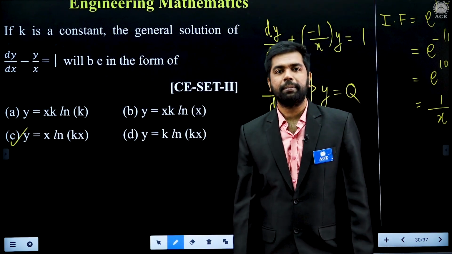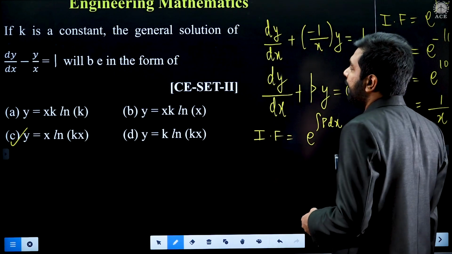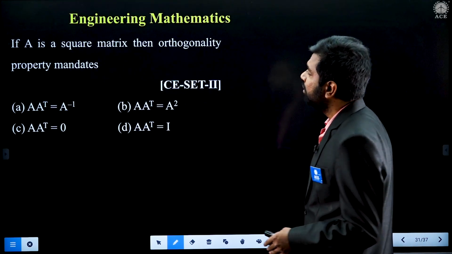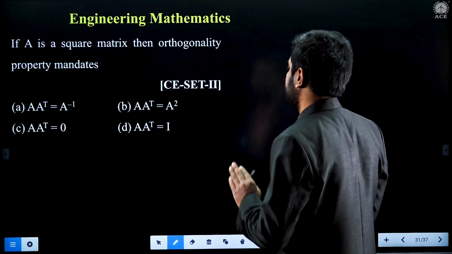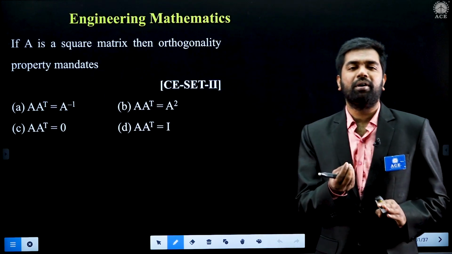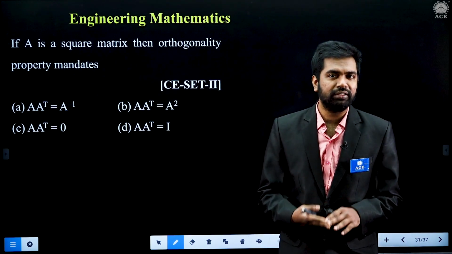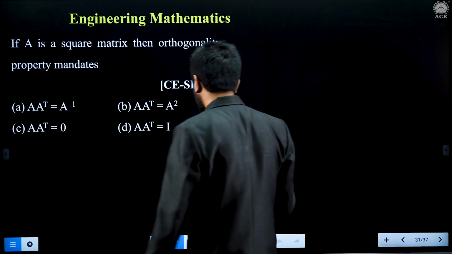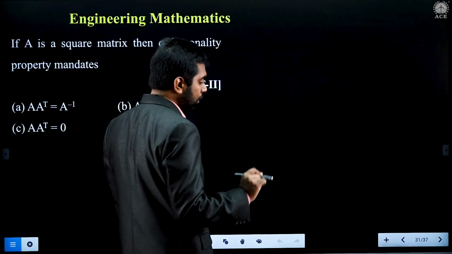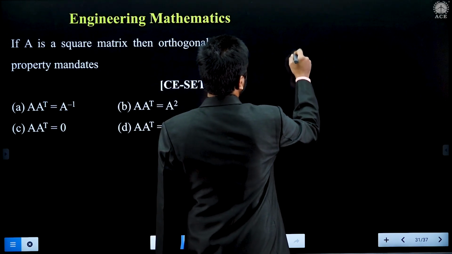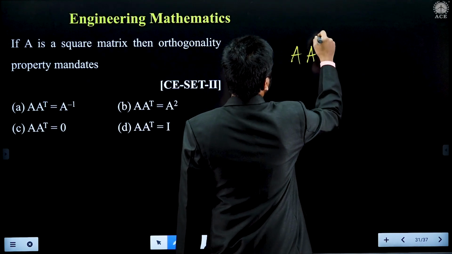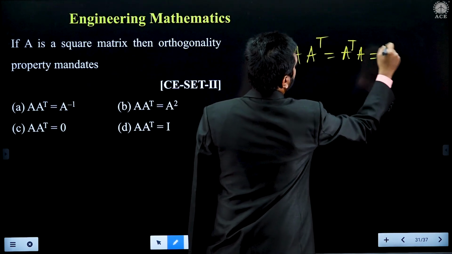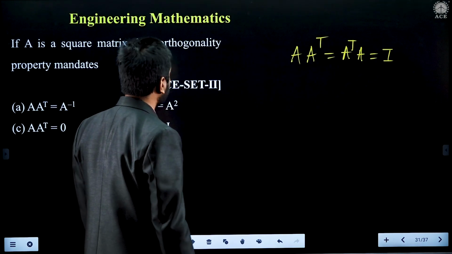Let's go to the next problem. If A is a square matrix, then the orthogonality property mandates... If you have a basic idea about what an orthogonal matrix is, then there's a very simple answer for this. A matrix is said to be orthogonal whenever it satisfies the following condition: A into A transpose equal to A transpose into A equal to I. Now is there any option that way?